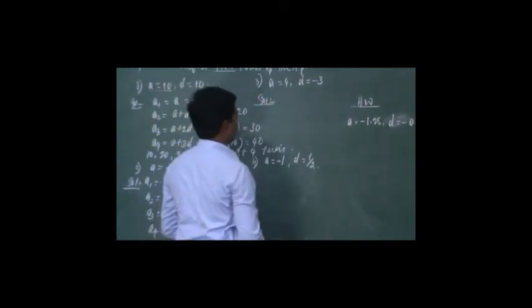a is equal to 4 and d is equal to -3. So we'll find out the first 4 terms.